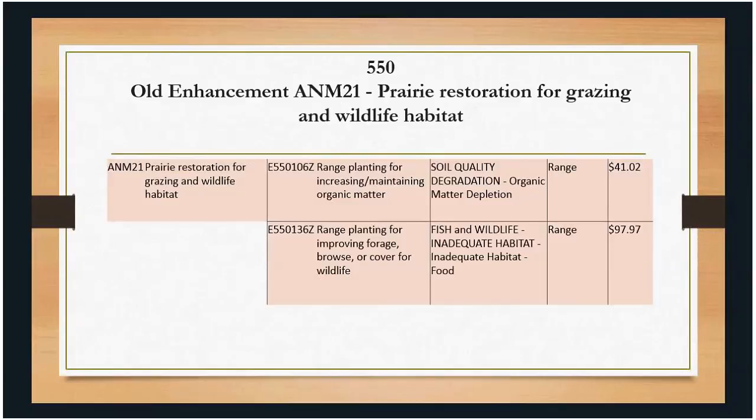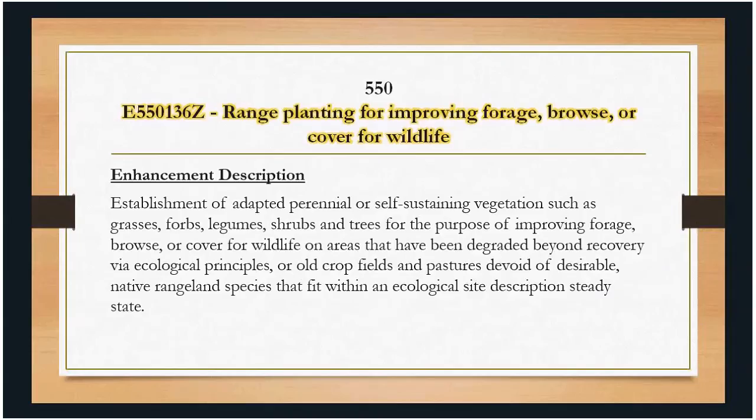It looks like the organic matter depletion one pays $41 an acre. The wildlife habitat one pays $97 an acre. They're only applicable on rangeland, and they're definitely applicable in Utah now that it's not just prairie restoration. So they've broadened them out some.